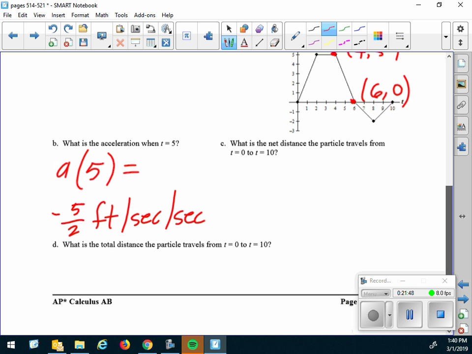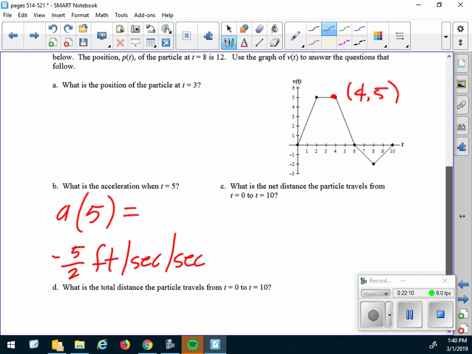It's their fault. Okay. What is the net distance the particle travels from 0 to 10? Net distance. Now, do you use absolute value on net distance? No. So I'm just flat out finding the area under that curve.